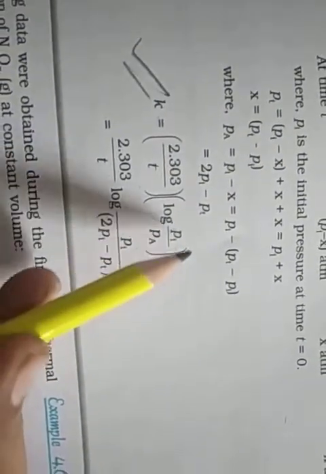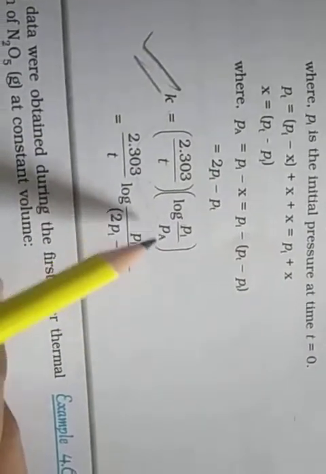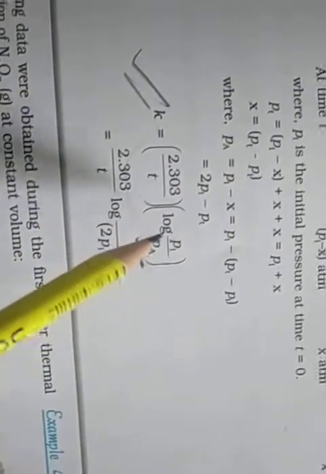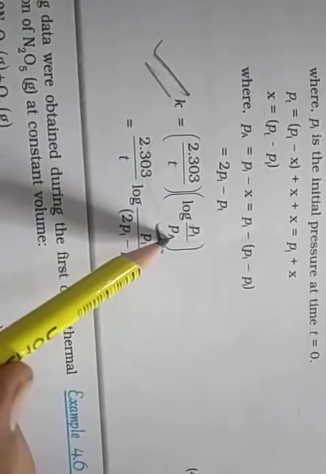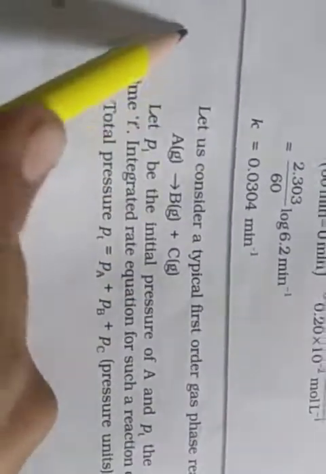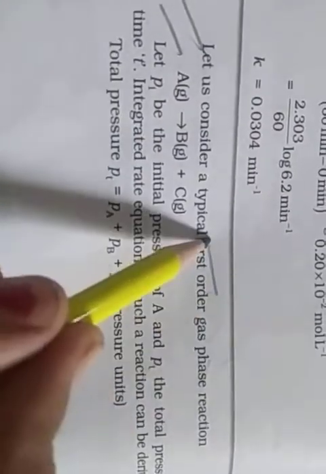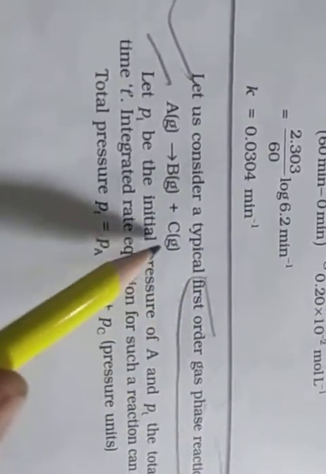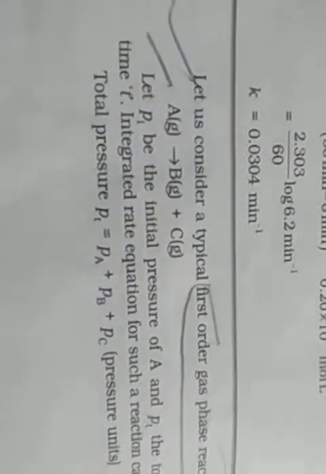But first we have to find the value of PA. For finding PA, see one example of a first order gas phase reaction: A gas converts into B gas plus C gas.